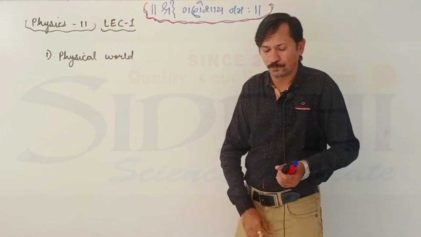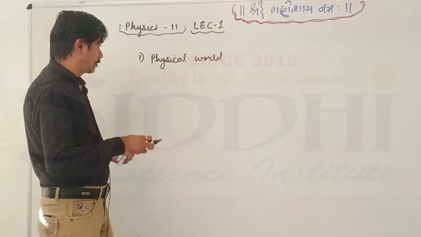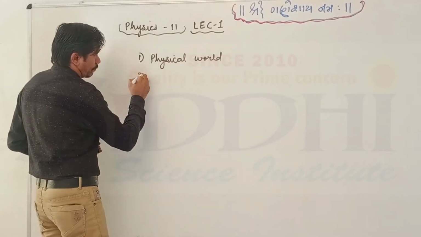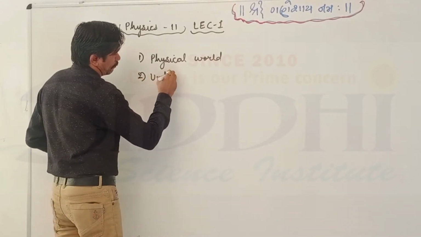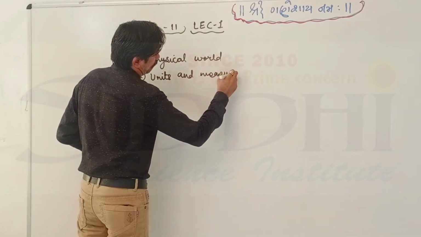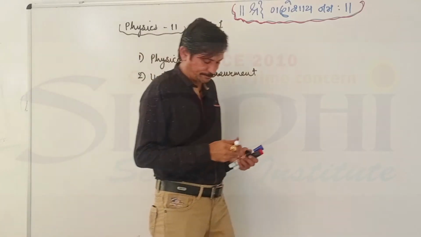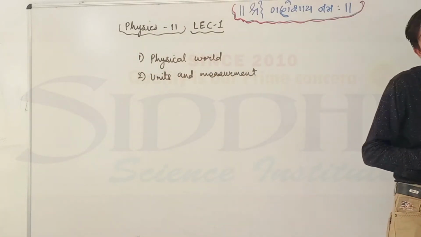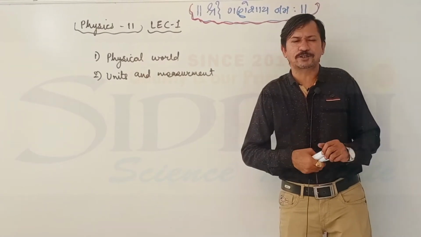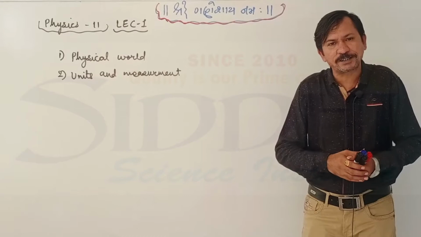Lesson number 2 is units and measurement. Units and measurement. Children, I think you know something about units and measurement. We need to measure things in physics.